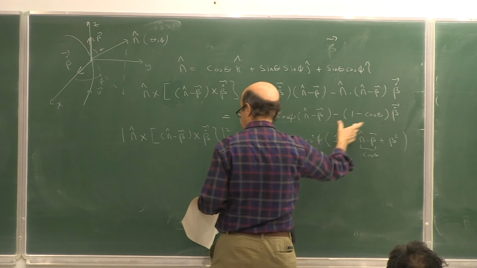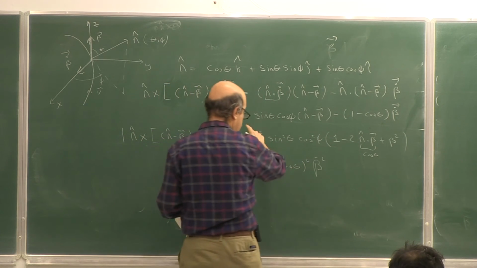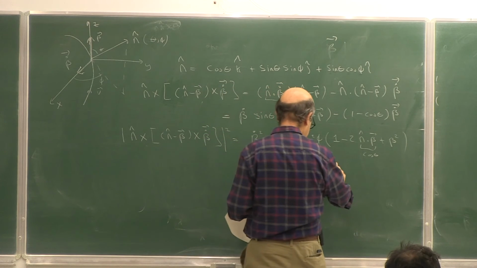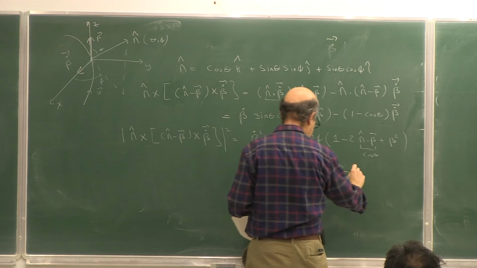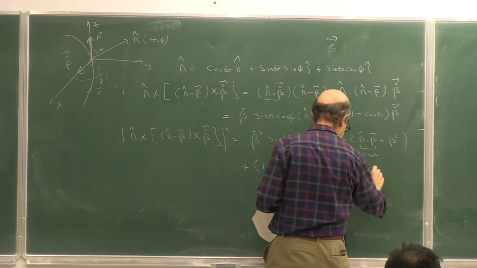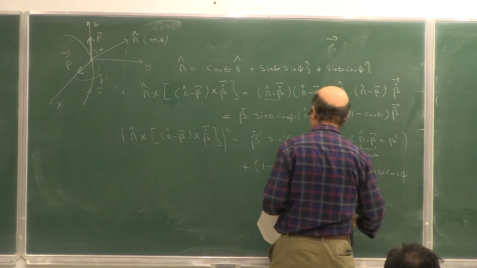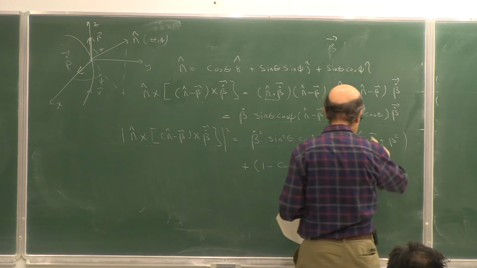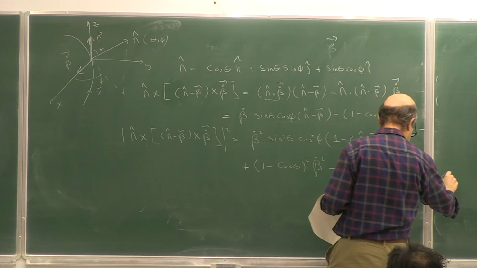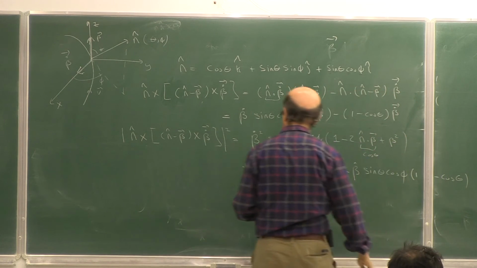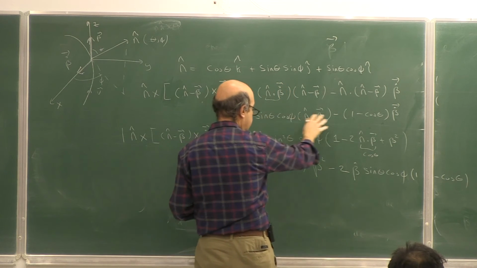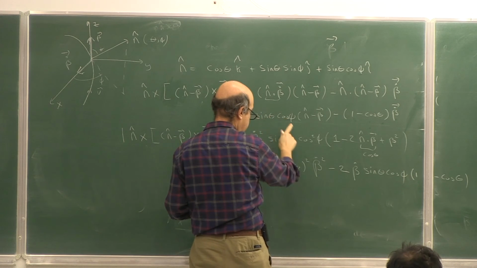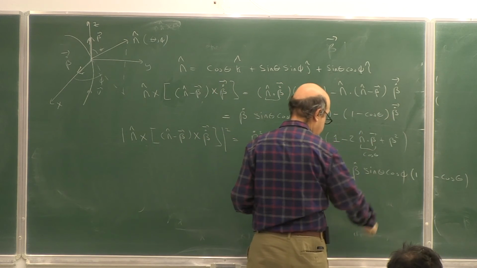And then we have 2 times the scalar product of these: minus 2 beta dot sine theta cosine phi and 1 minus cosine theta.